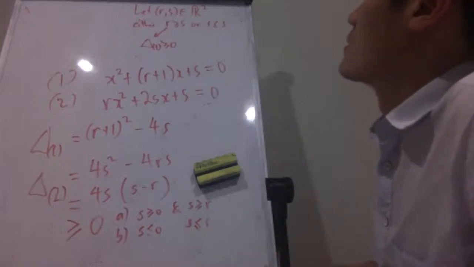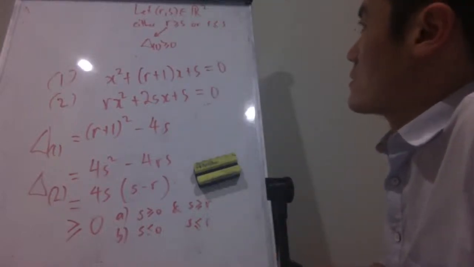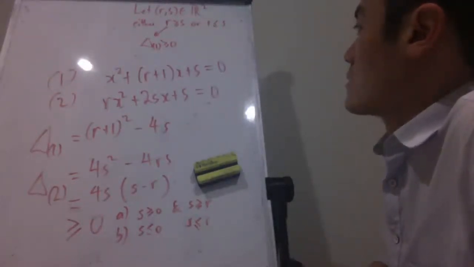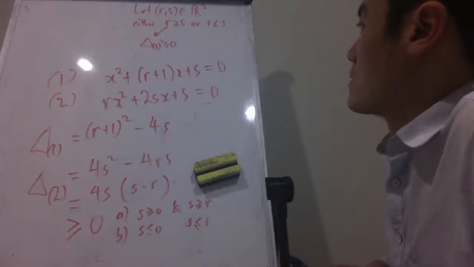Let me show that. The minimum value of the first one would be if S was equal to R. Then if you expand R plus 1 squared, you end up with R minus 1 squared, which is positive. And since that's the maximum value of S, all other values of S will be smaller than that.